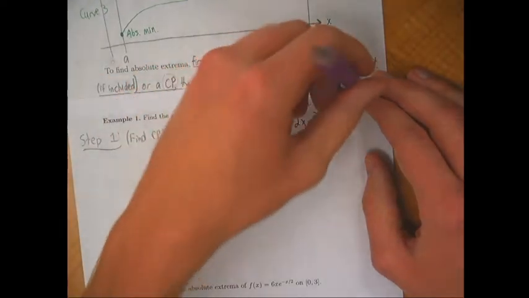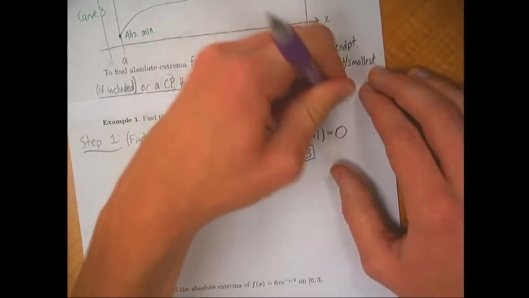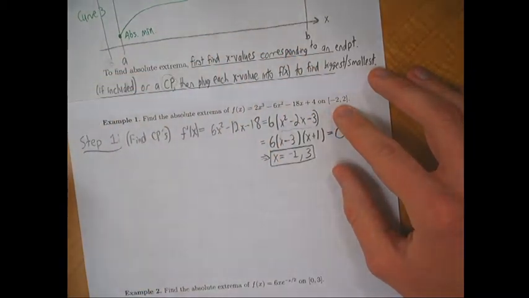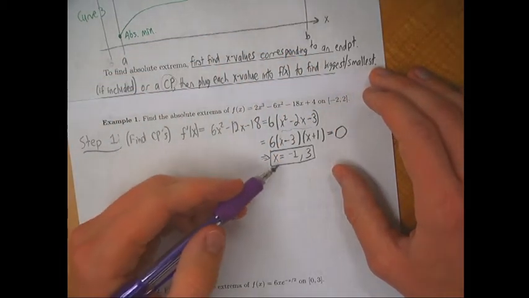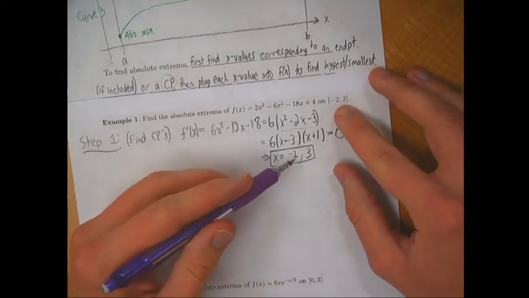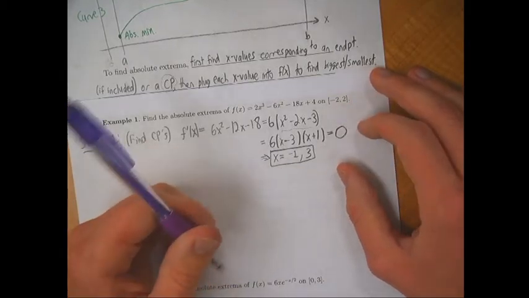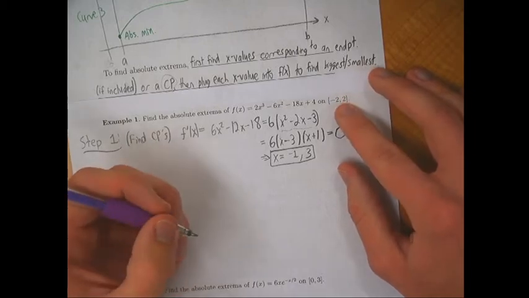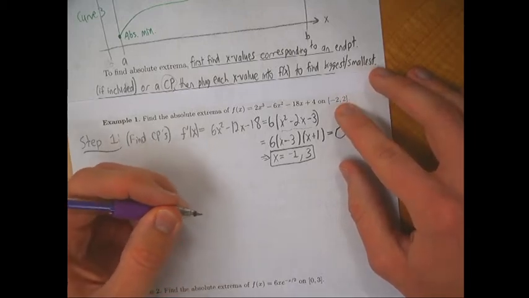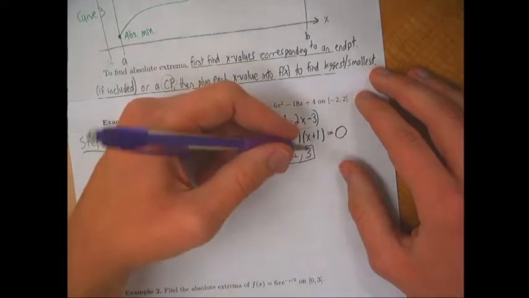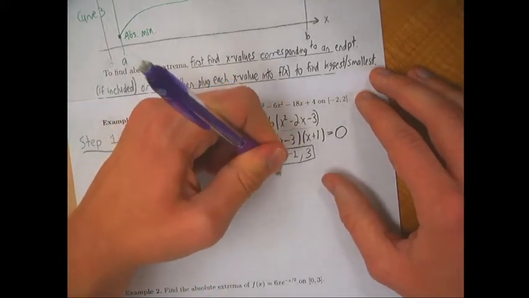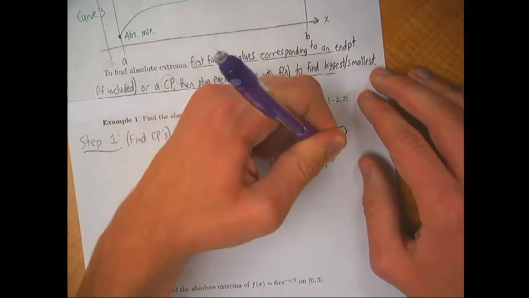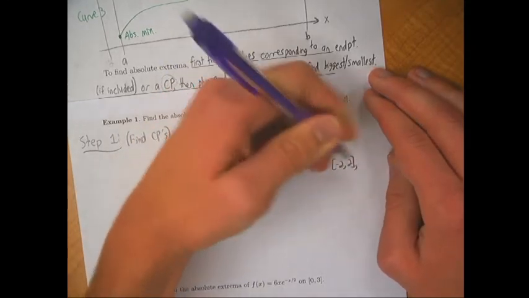But we're not doing that, are we? We need to focus on the interval -2 to +2. So that means we only care about the critical points that are inside this interval. So of these two, which one falls in the interval? -1, right? So only x equals -1 is inside -2 to +2.